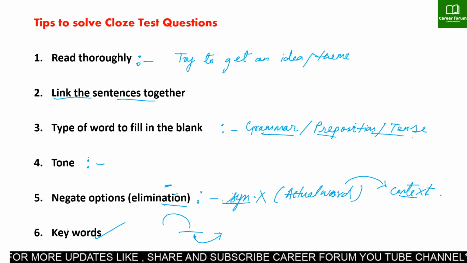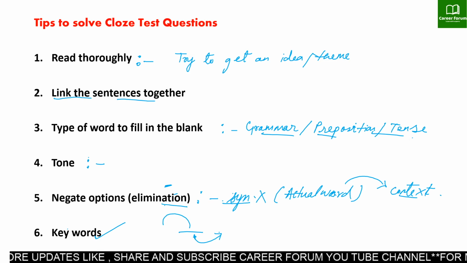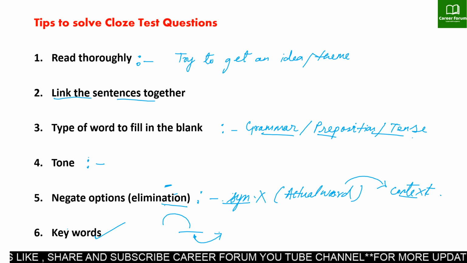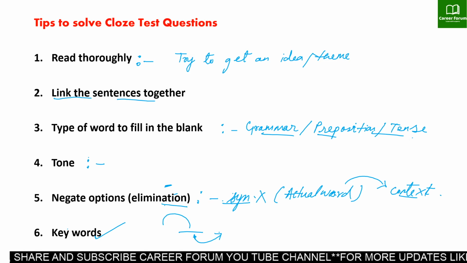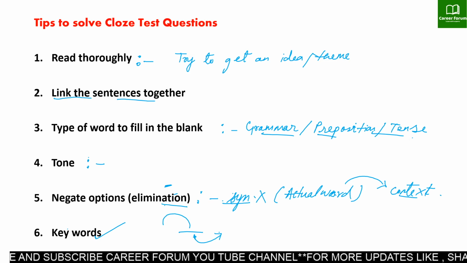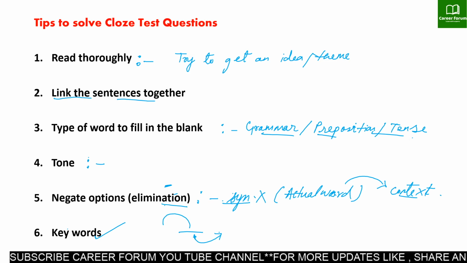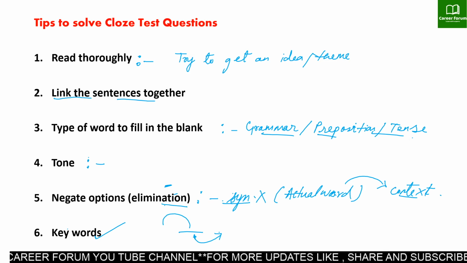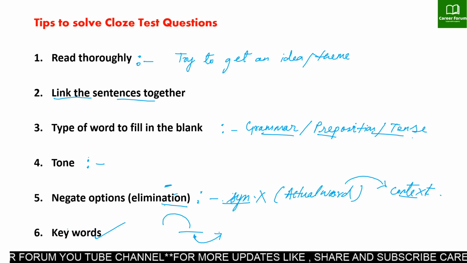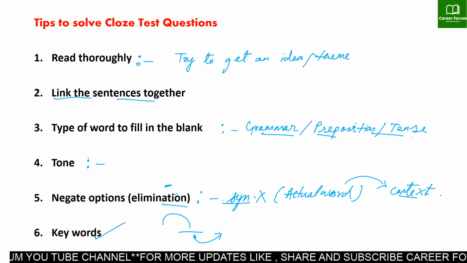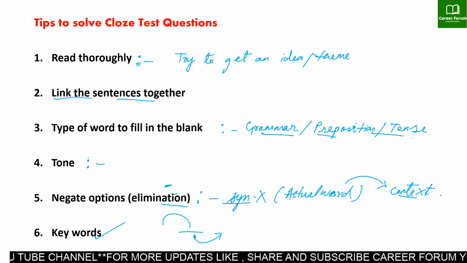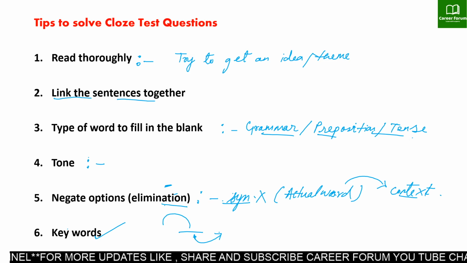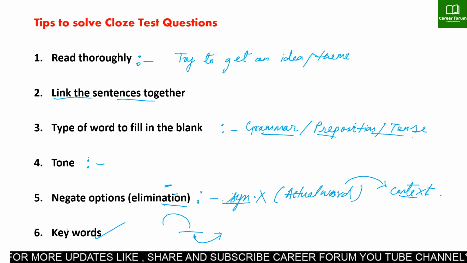If I summarize all this, it is important to read thoroughly, then try to link the sentences together, because this is a paragraph and every sentence of the paragraph links with one another. Then look for the word that fits in the blank, considering the grammar rules, preposition and tense. Also identify the tone, which will help you choose a particular word that is either negative or positive.